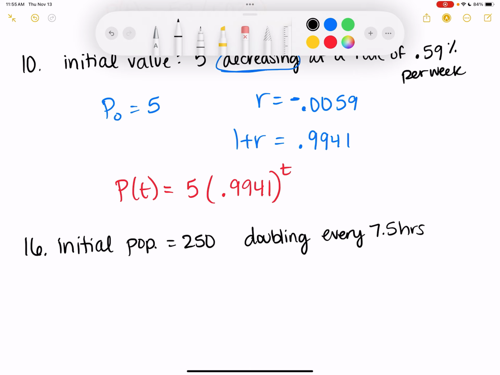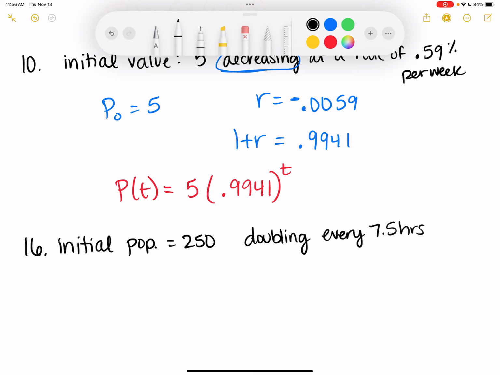Okay, so whenever we have something like this, it changes the way that our t-value is written. We have a slightly different formula when we're dealing with this kind of stuff, if it's doubling or whatever. Doubling is essentially our rate, so instead of it being like 1 plus r, when it says doubling, it's going to be a 2 that's going there instead of the 1 plus r. If it's halving, then we put a 1/2 there, or we can do a 2 with a negative exponent.